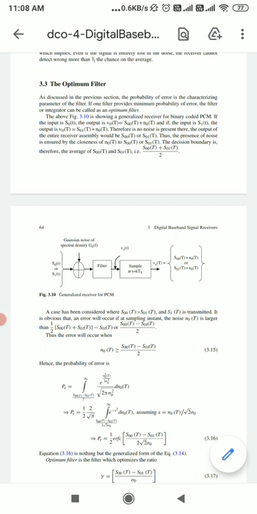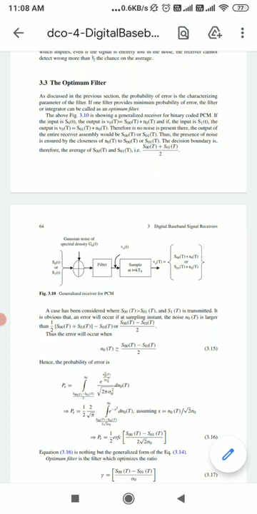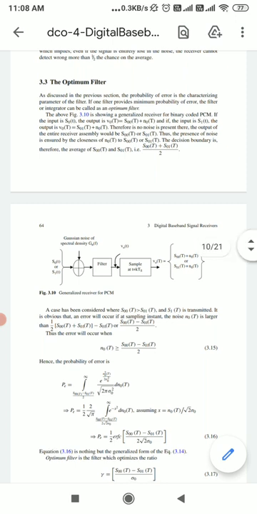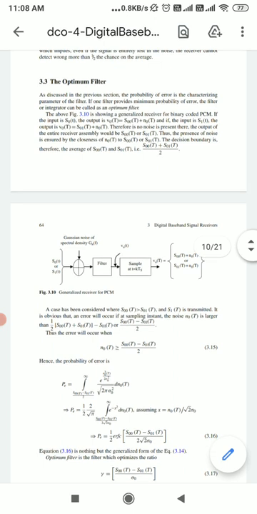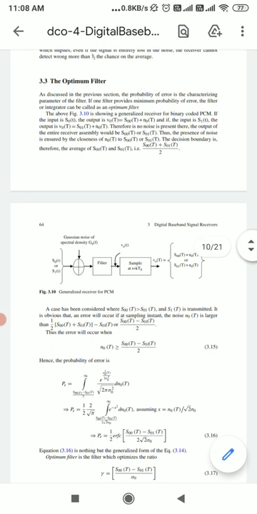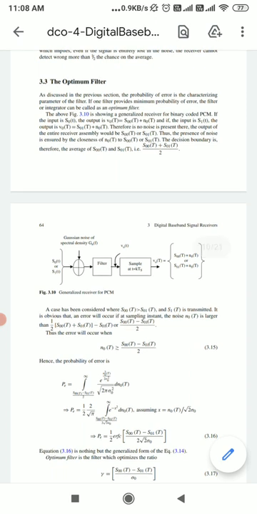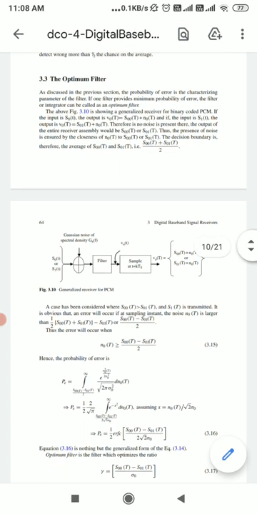So here we are using a filter that has various purposes: it can extract a signal from noise, transform a signal, suppress noise, and separate two signals that are mixed. So we can say an optimum filter is such a filter which we can use for acquiring the best estimate of the desired signal from a noisy measurement.